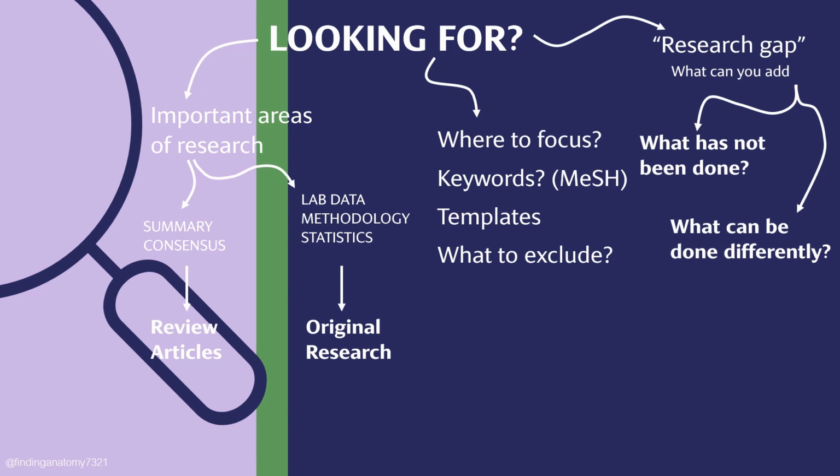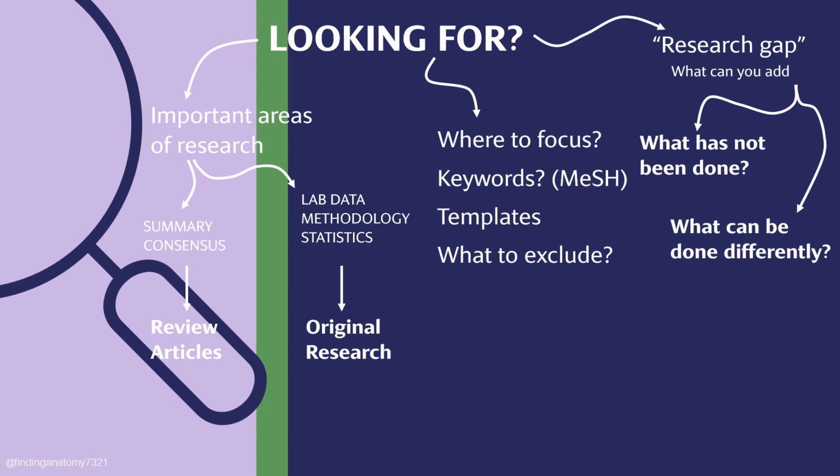And doing things differently, let's say one of the studies has just done a radiological analysis. So it has looked at the CT or MRI films or X-ray films and just measured things. Whereas you are going to do it through dissections, so you want to establish a more physical correlate of what has been measured on radiology.